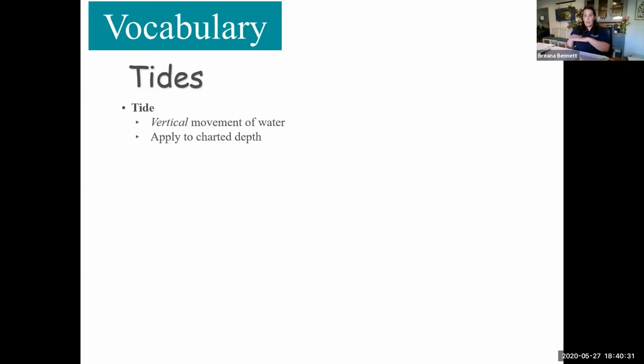It means that whatever the charted depth was, it's below that. So it's just a number that is applied to the chart depth in order to get the correct or a more correct sounding.